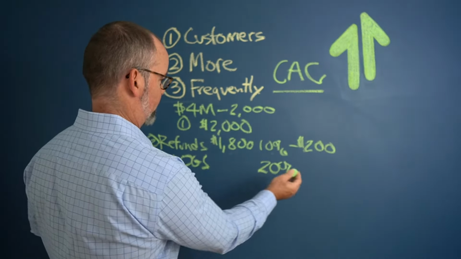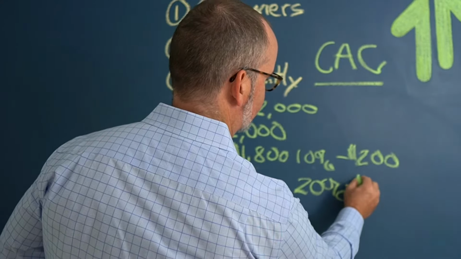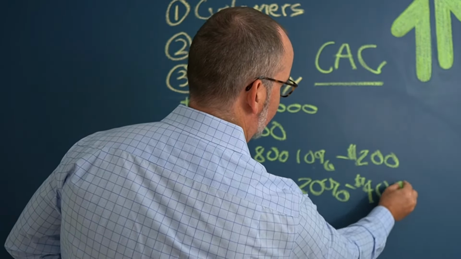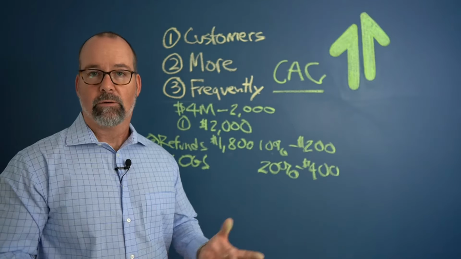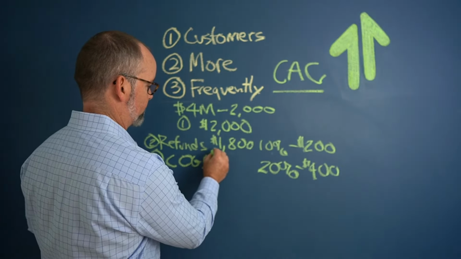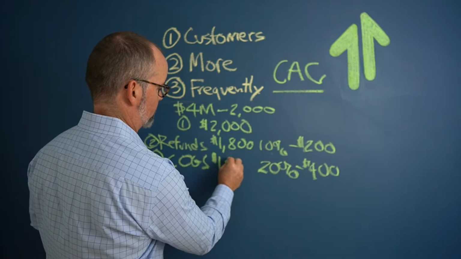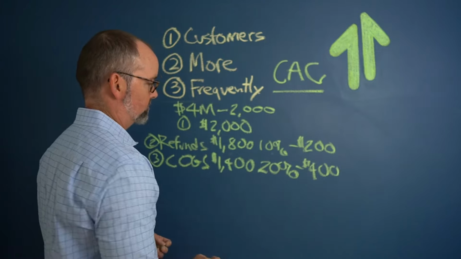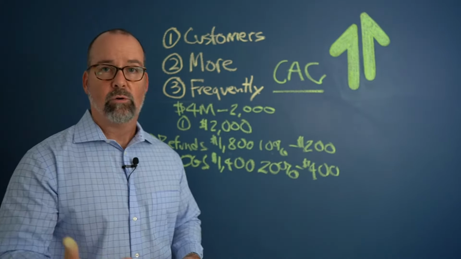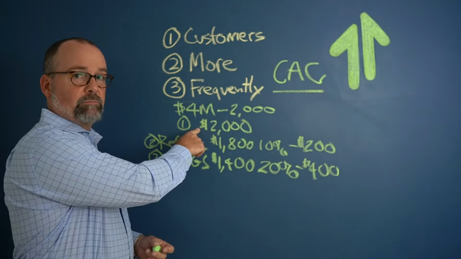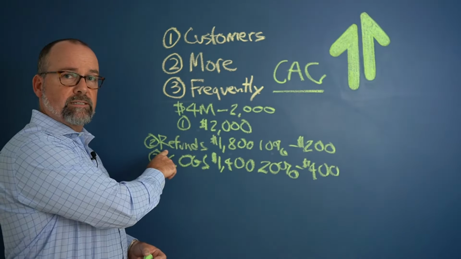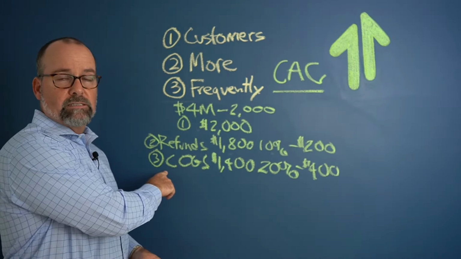So let's take out $400, and now we subtract, and we have $1,400. All right. So now we've figured out what a customer is worth. We've taken out our refunds and cancellations. We've taken out our cost of goods sold.